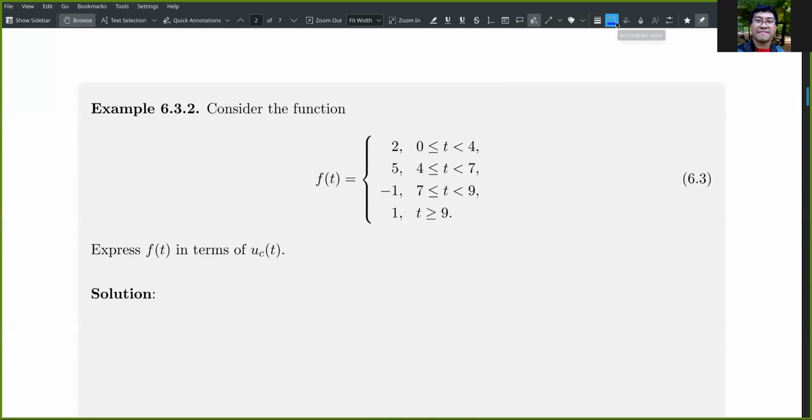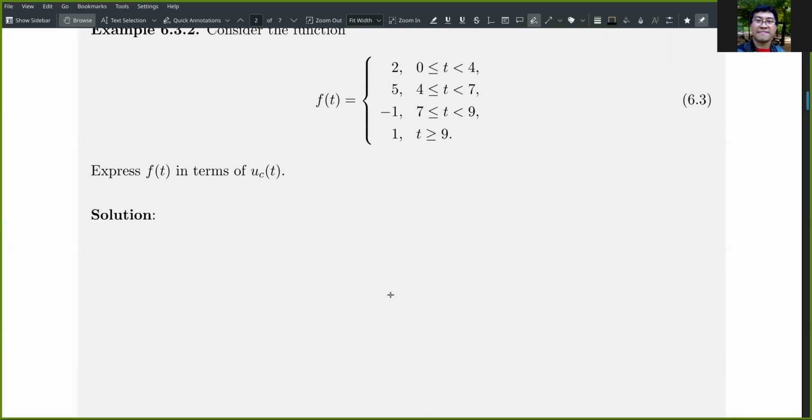Now let us consider this function. You have 4 intervals. Express f(t) in terms of the unit step function. So the graph would look like this, suppose this is our y-axis. The maximum value is 5, so let's have 5, 4, 3, 2, 1, 0, minus 1.